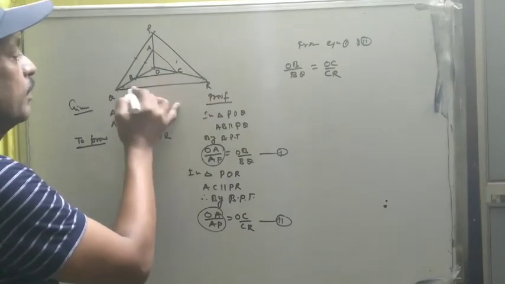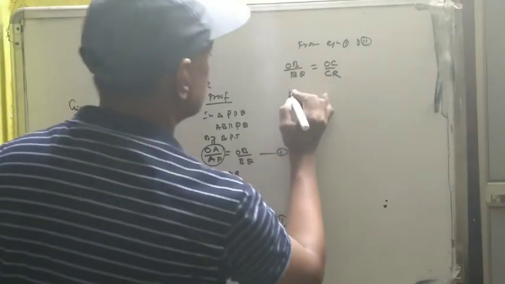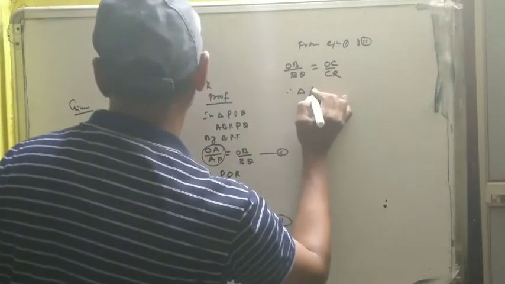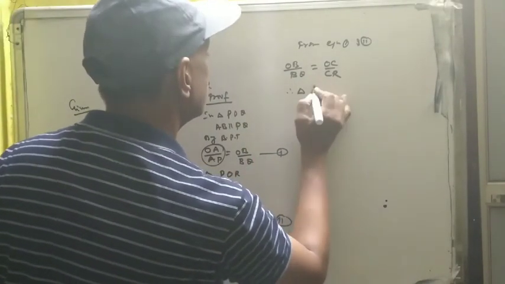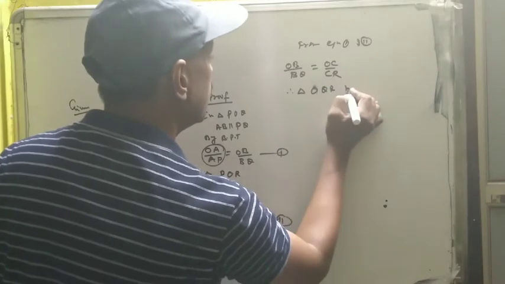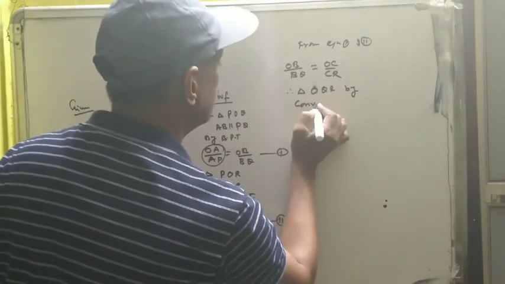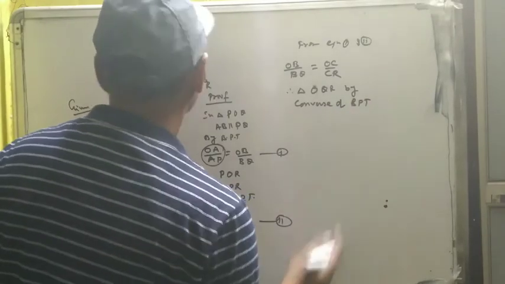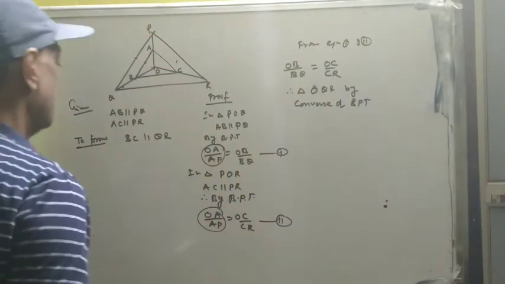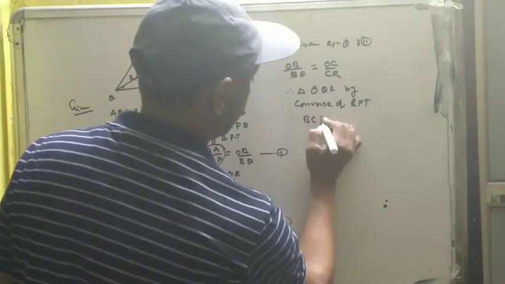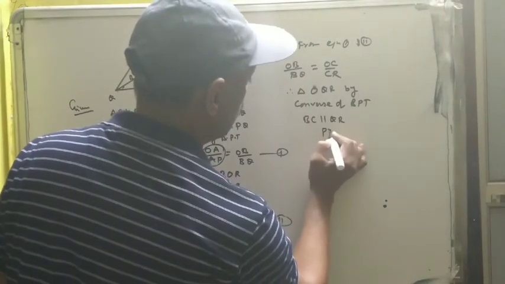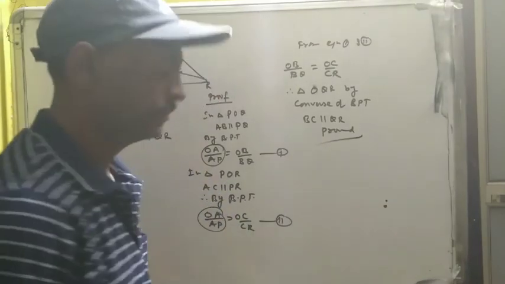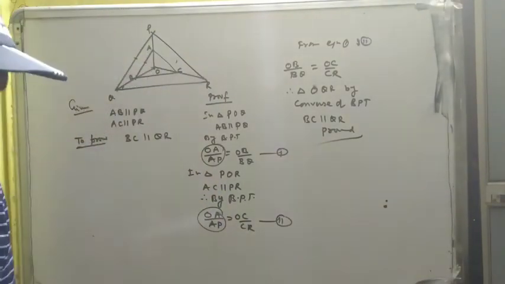So in triangle OQR, by converse of BPT, we can say that DC is parallel to QR, and hence it is proved. So this was question number 6.